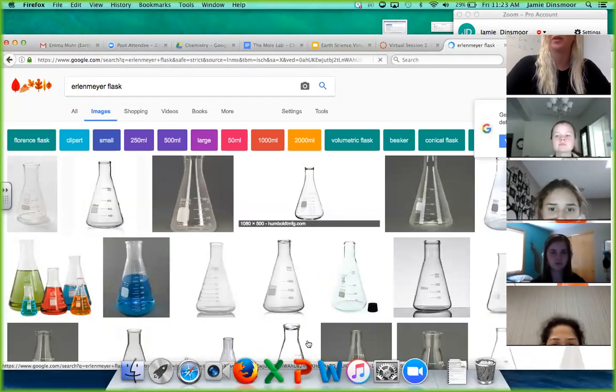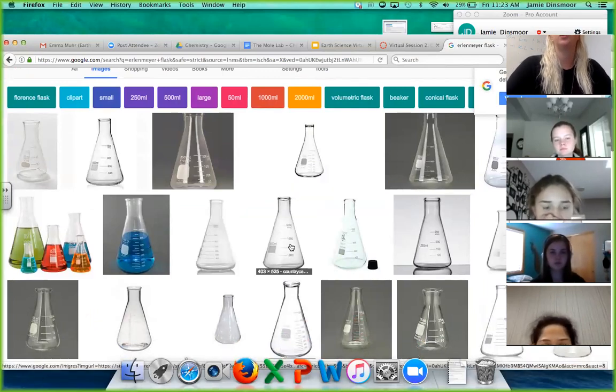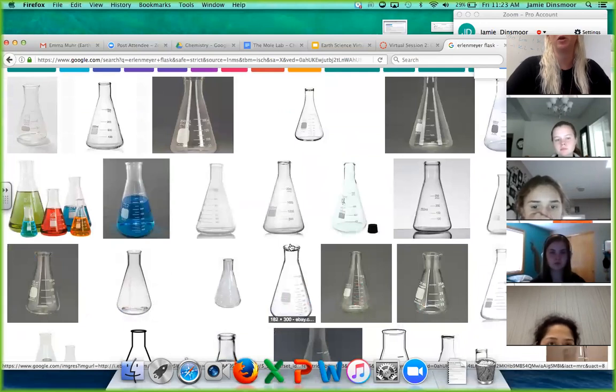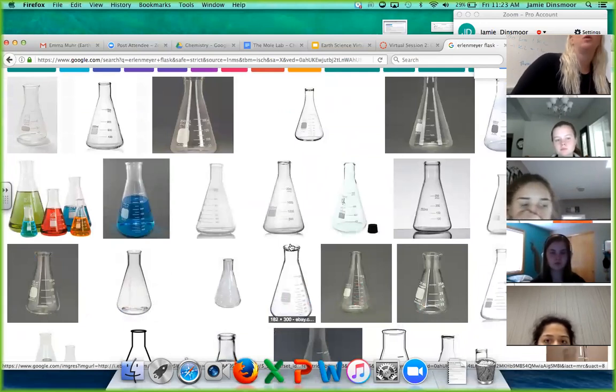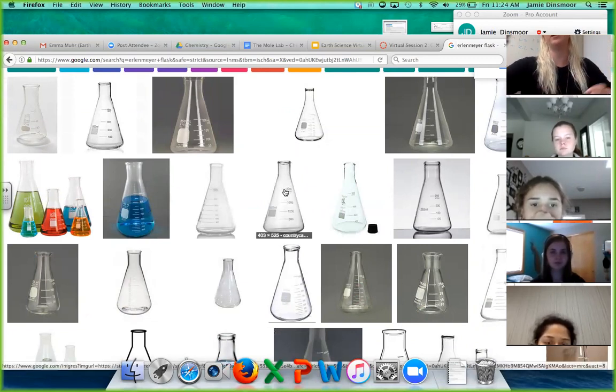That's what it looks like, right? Erlenmeyer flasks are these weird triangular shaped beaker type things. They're used in a lot of different chemistry experiments, especially when you're boiling liquids, because you can easily attach tubing to the top of these so that you can separate things by the boiling point.